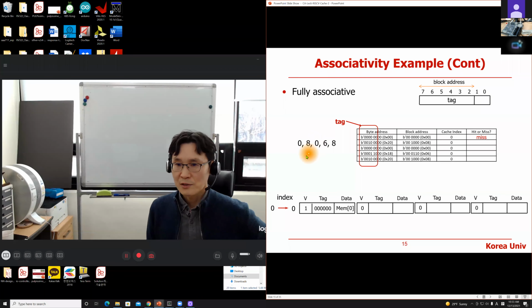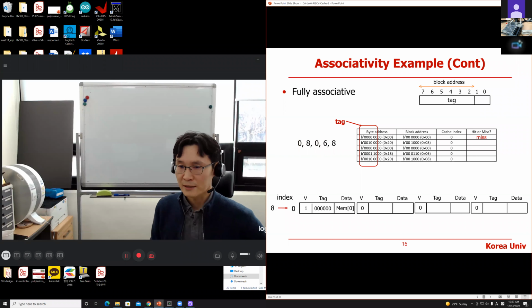Okay, so we are done executing first LW instruction. Next, LW instruction from block address 8. So selecting the same set because we have only 1 set, right? So cache hit or miss? Miss, right? So compare this chunk ID against these 4 tags, then no matches, right? So we have cache miss. Then what should be done?